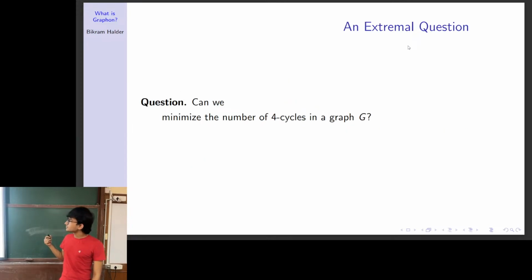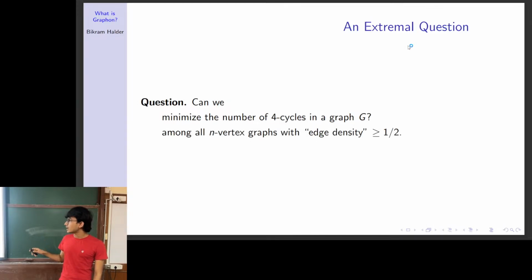So let's look at another question in graph theory. Can we minimize the number of four cycles of a graph among all the n-vertex graphs with edge density at least 10? So what do we mean by edge density? Let's introduce this and then I will come back to this question.